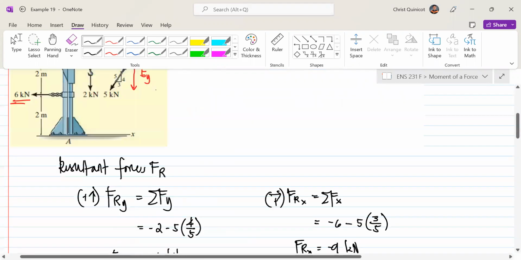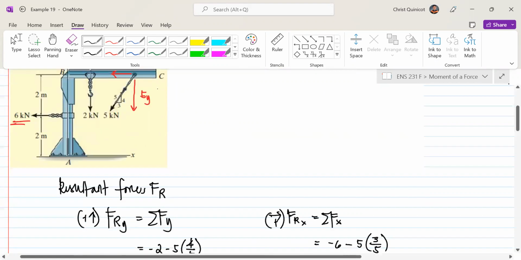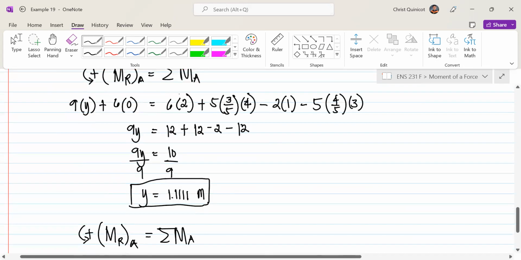And we go back again to the 6 kilonewton times 2 counterclockwise. So it means we just have to copy this one.